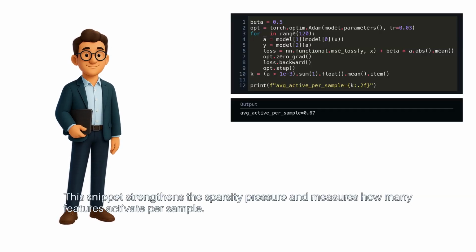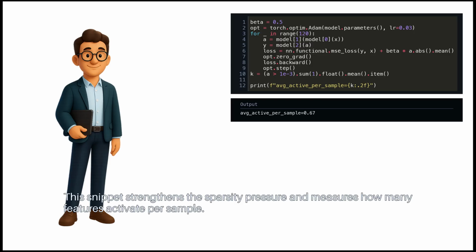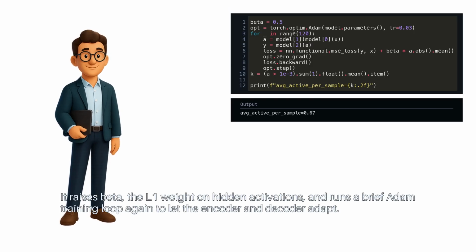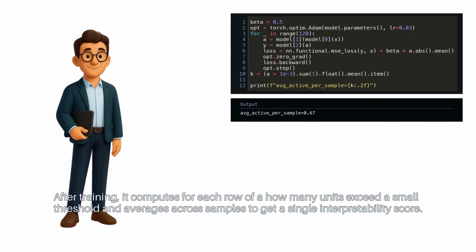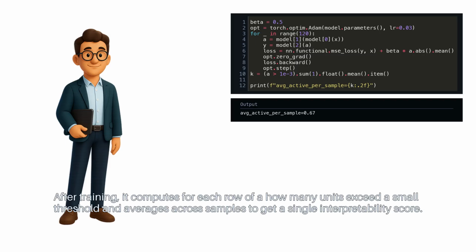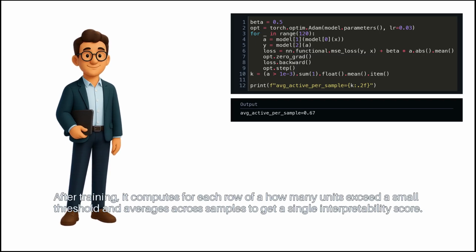This snippet strengthens the sparsity pressure and measures how many features activate per sample. It raises beta, the L1 weight on hidden activations, and runs a brief Adam training loop again to let the encoder and decoder adapt. After training, it computes for each row of A how many units exceed a small threshold and averages across samples to get a single interpretability score.